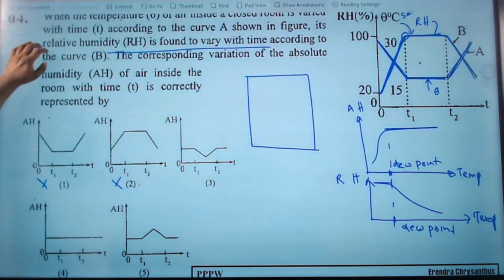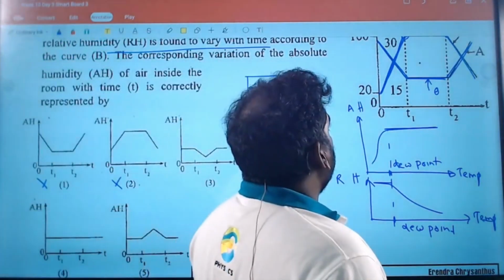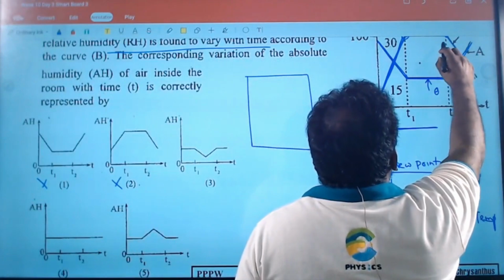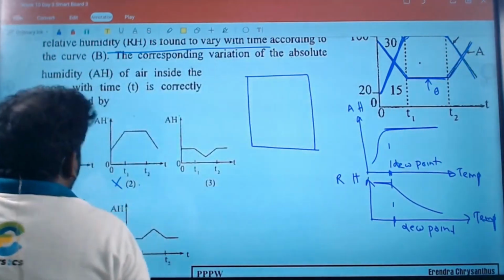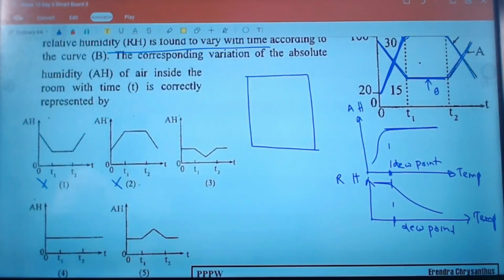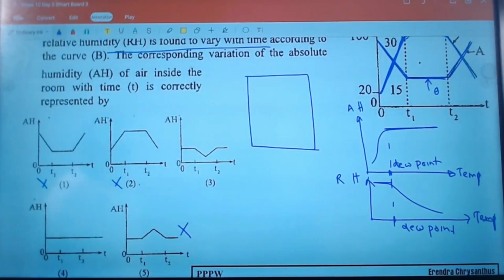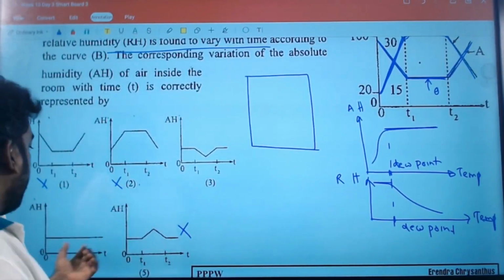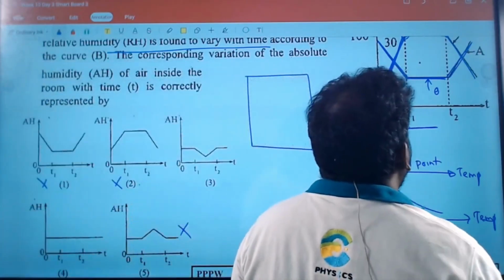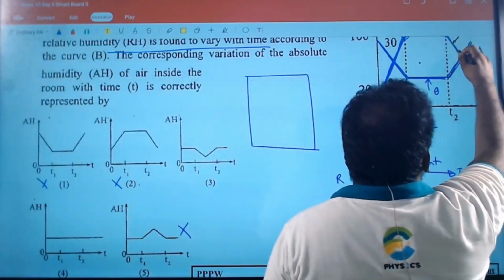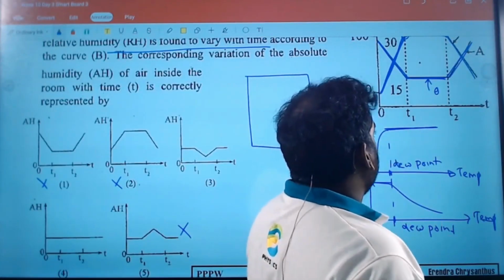Then RH is constant means H reduces, saturation. Then temperature increases, RH reduces, means H is going to be constant.